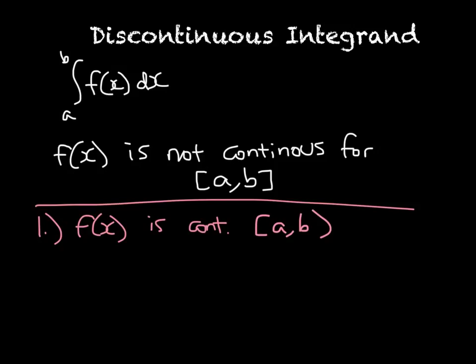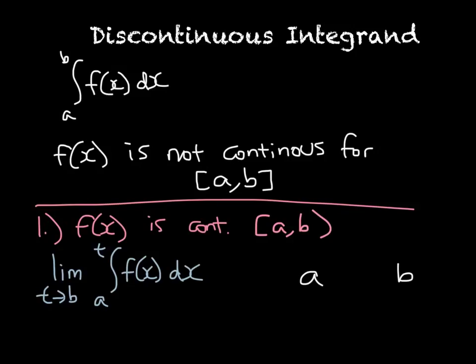When this happens, to evaluate the integral, what you can do is replace your number b with a parameter, we'll just call it t, integrate as usual, but since you can't actually replace t with b, you can just take the limit as t approaches b. And since our interval is a, b, and we're approaching b from the left, then we're going to have to take the limit from the left, because otherwise the limit would not exist.